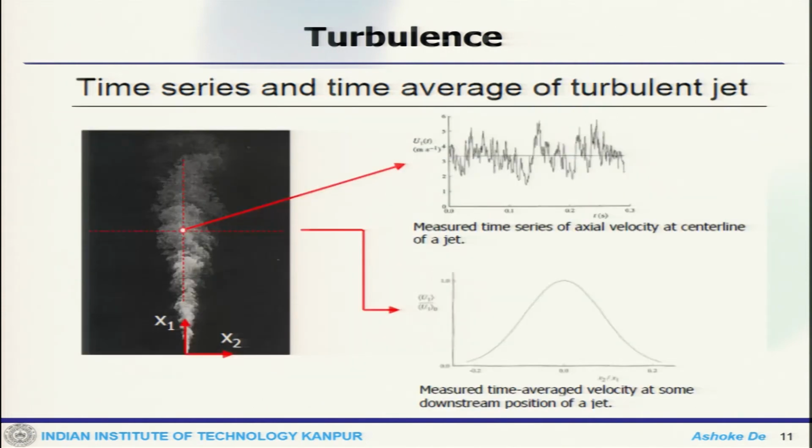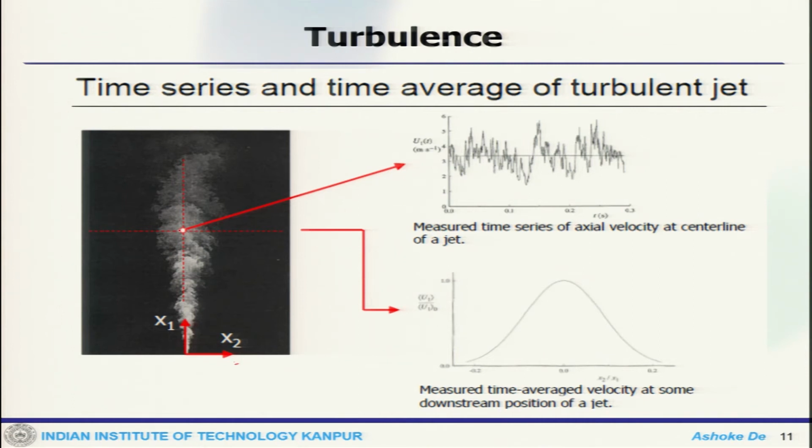Now, if you go to time series and time averaging of the turbulent jet kind of flame, this is the picture we have taken, already mentioned about the source. This is the coordinate system x2 and x1.